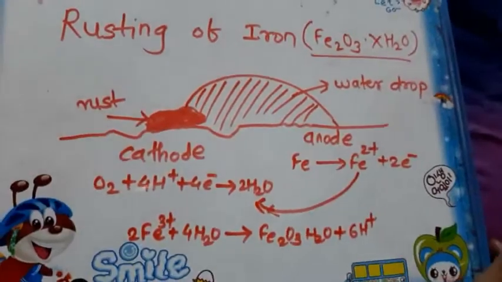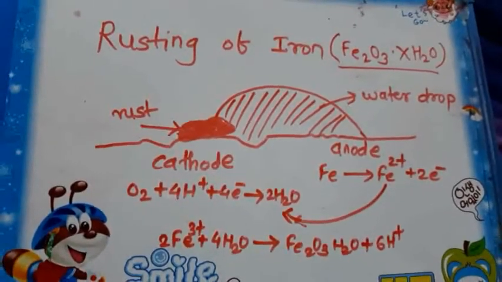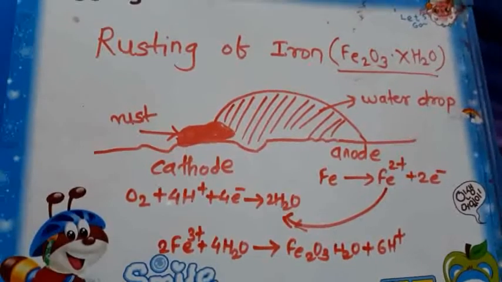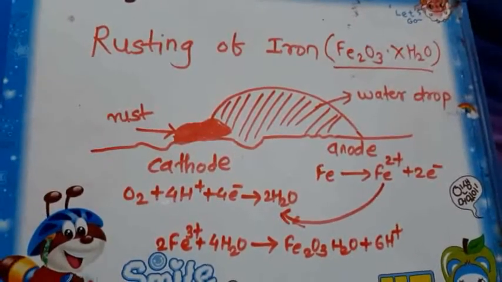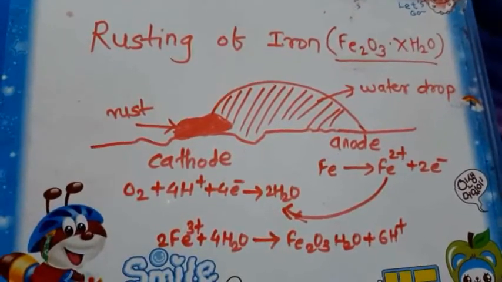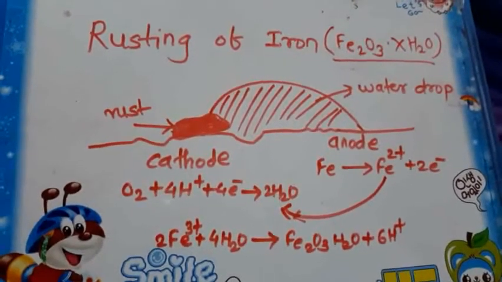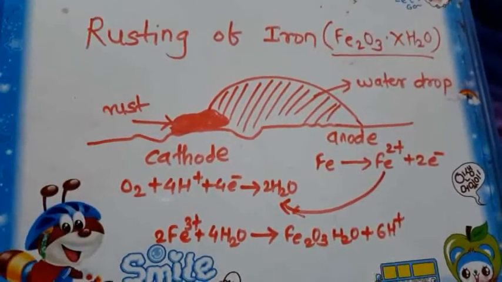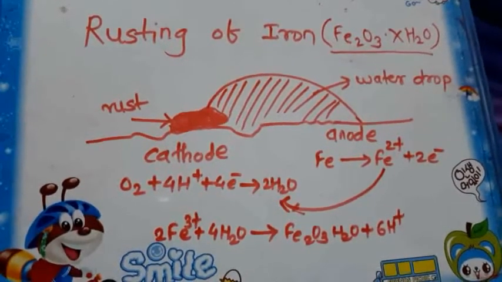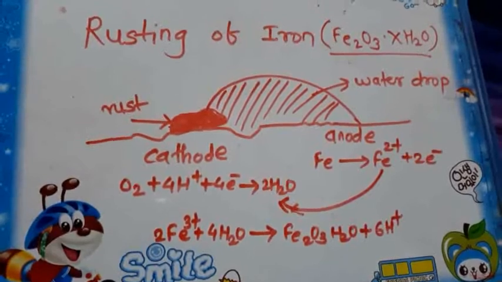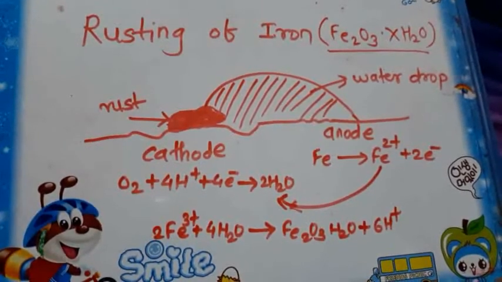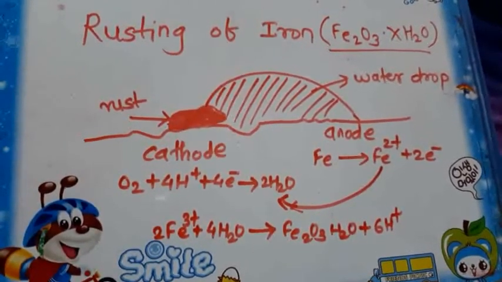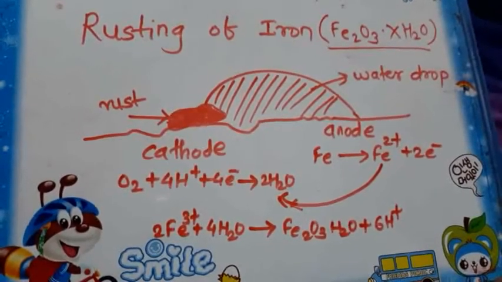Rust on iron does not form by a simple reaction of oxygen with the iron surface. The rust is formed by an electrochemical reaction. Electrochemical is the combination of two words, electro and chemical. That is, charges are transferred from one place to another and a reaction takes place.